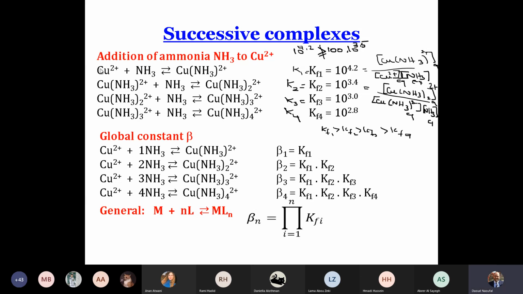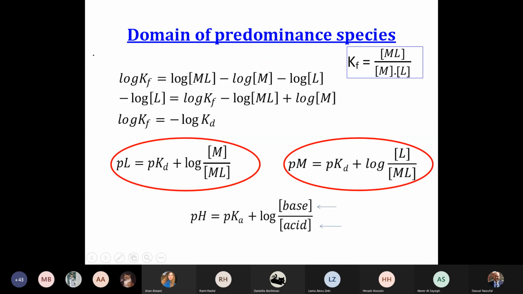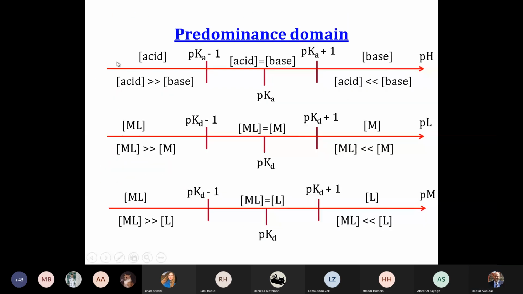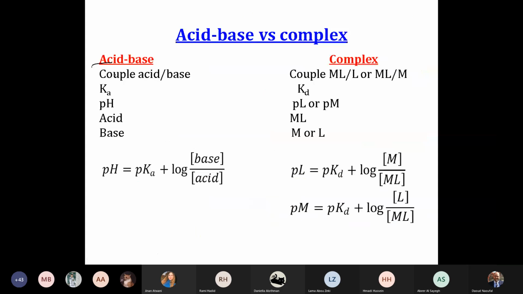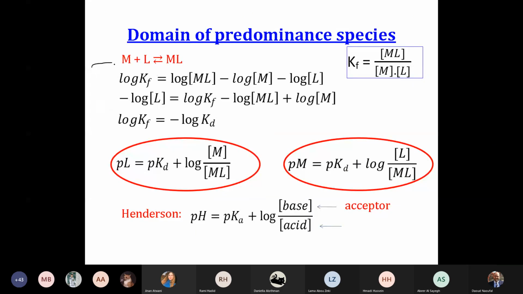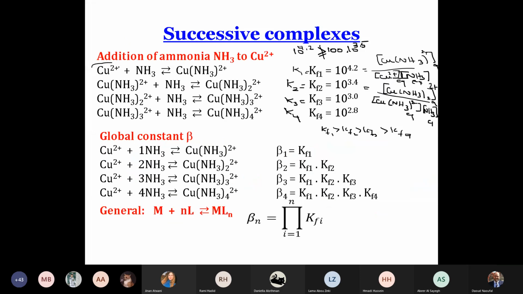If we add these two reactions, the first question: can I add these two reactions?